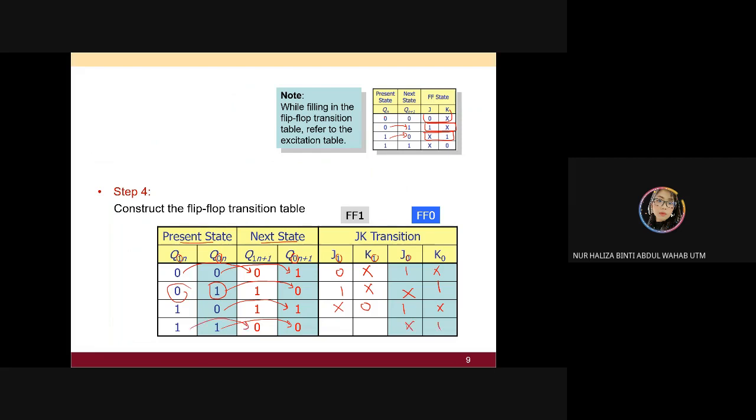Is it correct or not? 1 to 0, 1 to 0. Okay, so let's take a look. The answer is correct, what I filled in, by referring to my table.